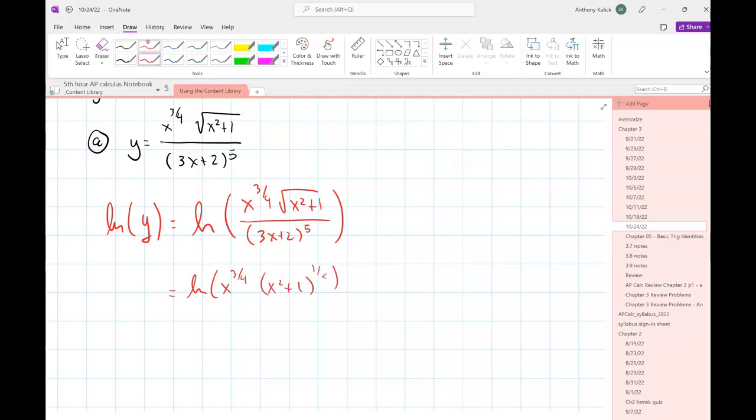So I'll rewrite that as the log of the numerator minus log of the denominator. If I look at that first logarithm then, I see a product, so I can use the product property for logarithms to write log of the first factor plus log of the second factor.